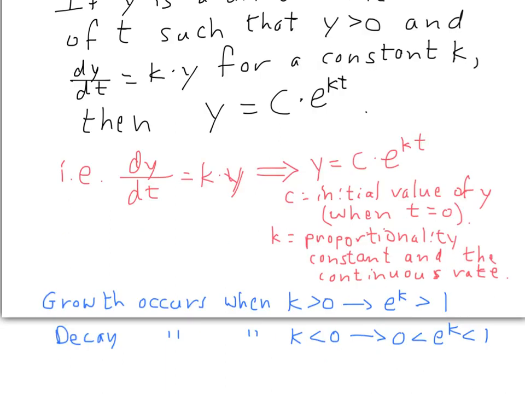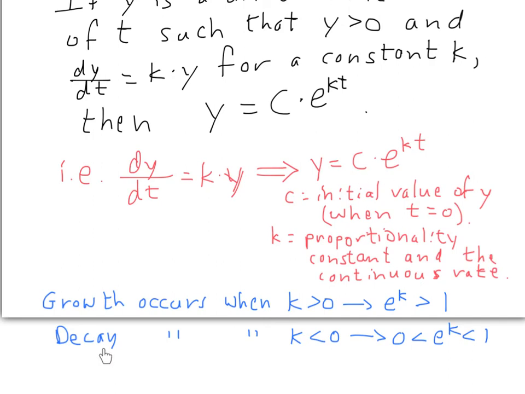All right, one more thing I'll add. I was running out of space, so I just moved my slide up a little bit. But we do know that growth is going to occur when k is positive, right? Think about it. If k equals 0, then we know e to the k would just equal 1. So if k is bigger than 0, then that means e to the k is bigger than 1, and we know that when we multiply by a factor that's bigger than 1, we're going to grow that initial amount.